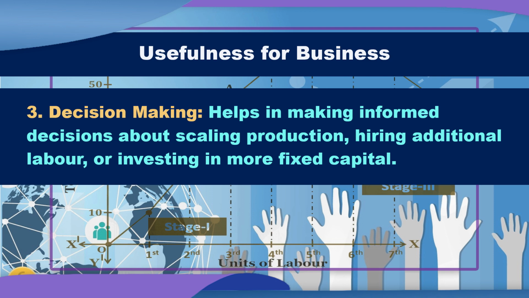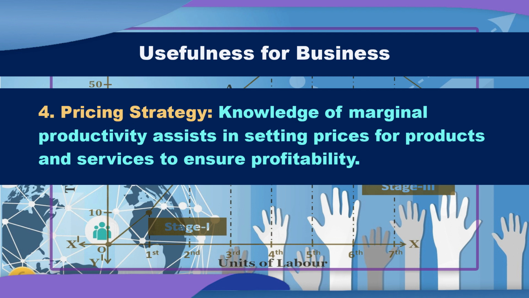The knowledge also helps in making informed decisions about scaling production, hiring additional labor, or investing in more fixed capital. The knowledge of marginal productivity assists in setting prices for products and services to ensure utmost profitability.